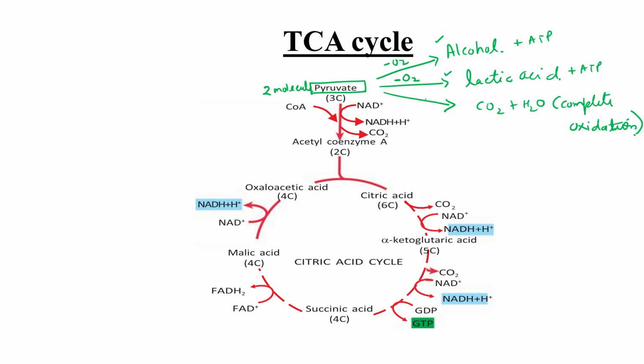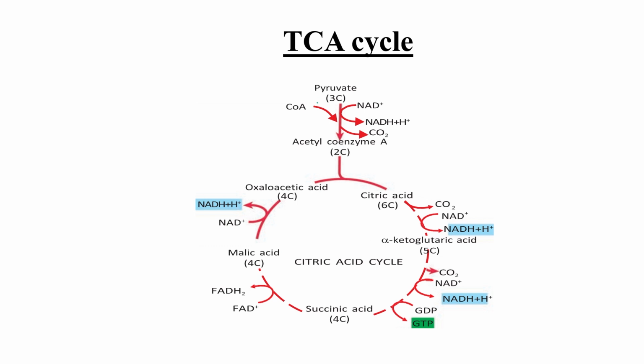Complete oxidation occurs in the presence of oxygen, in aerobic conditions, right? So plus oxygen, aerobic conditions, or an aerobic organism. Now if an aerobic organism is there, if mitochondria is there, then the two molecules of pyruvate convert into acetyl coenzyme A, right?